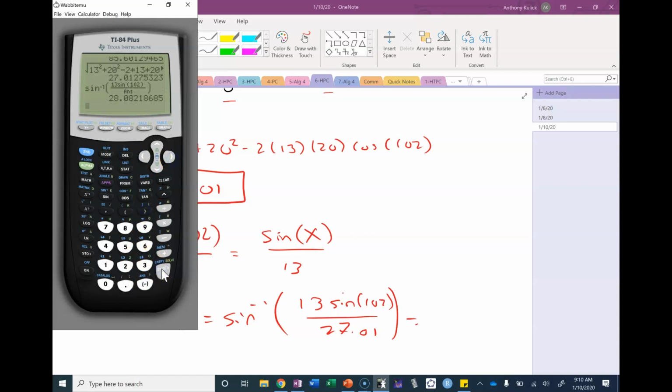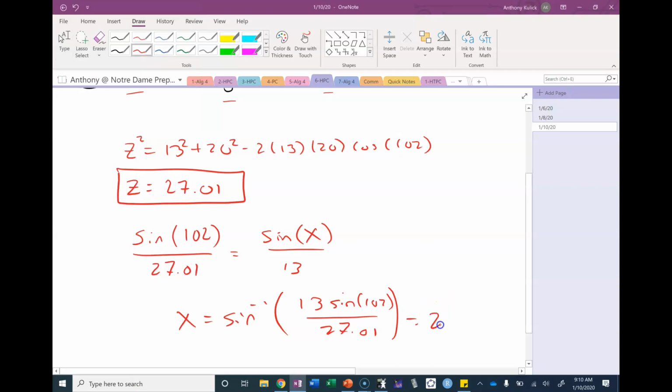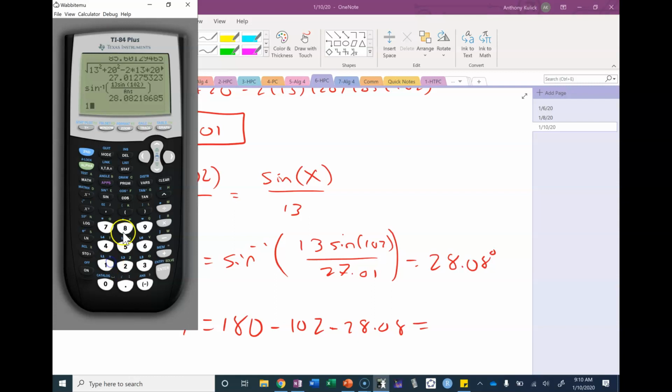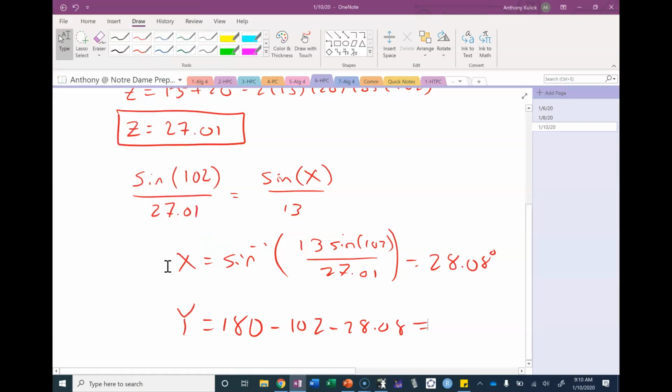Gives me 2808 degrees. And then to find angle Y, I can just do 180 minus 102 minus 2808. So 4992. And those should be my three answers.